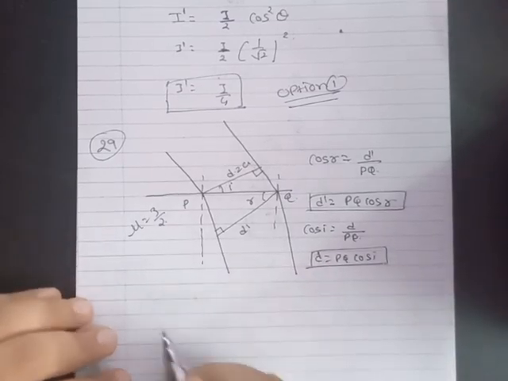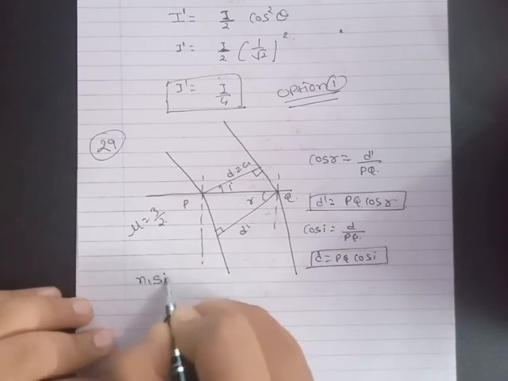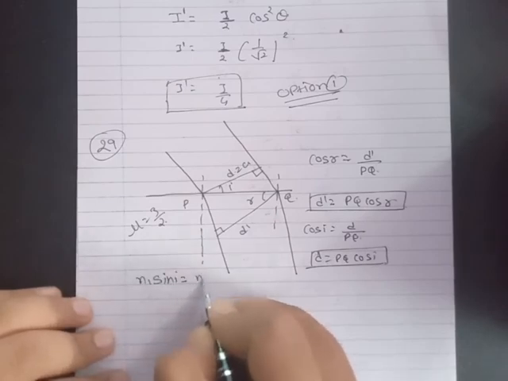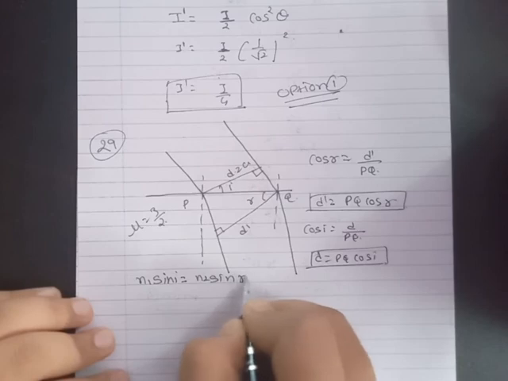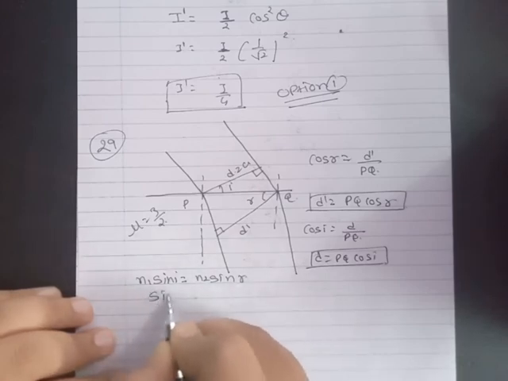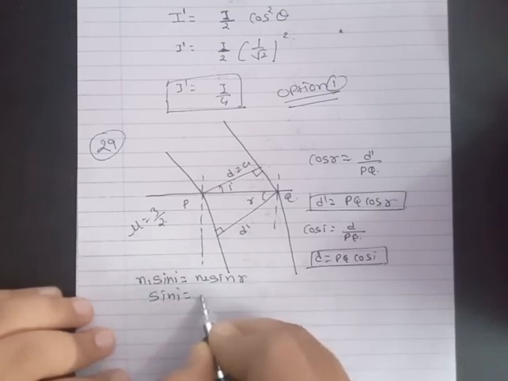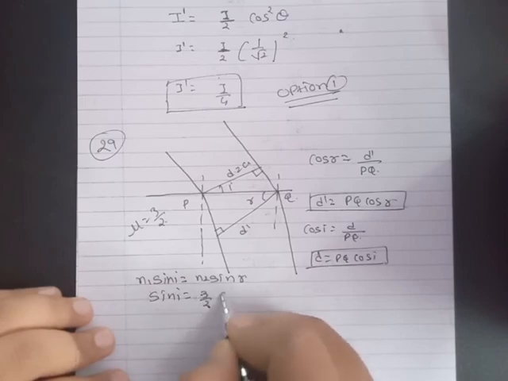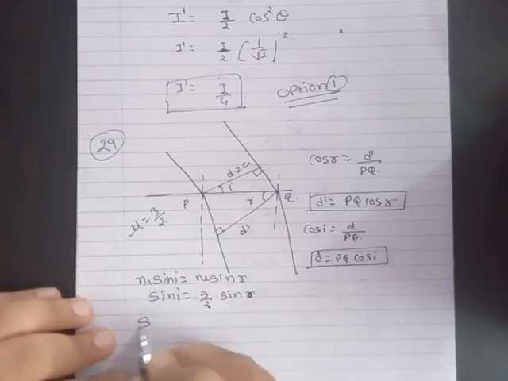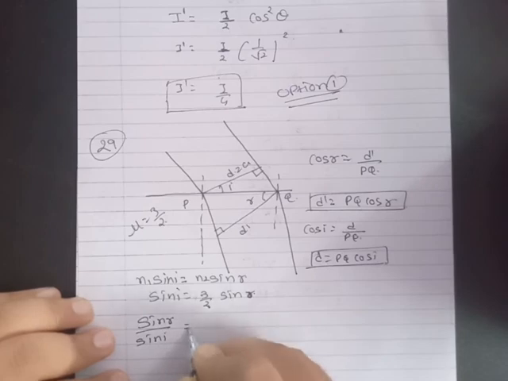Now applying Snell's law, we can write N1 sin I is equal to N2 sin R. So sin I will be equal to N2, that is 3 by 2, sin R. So sin R divided by sin I is equal to 2 by 3.